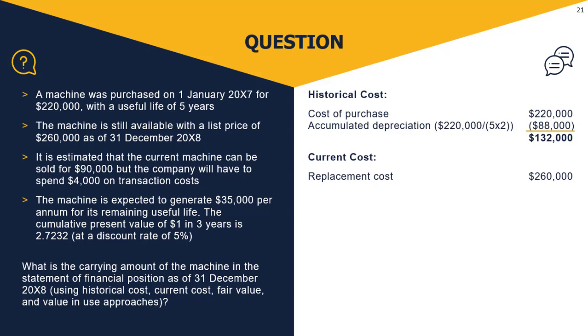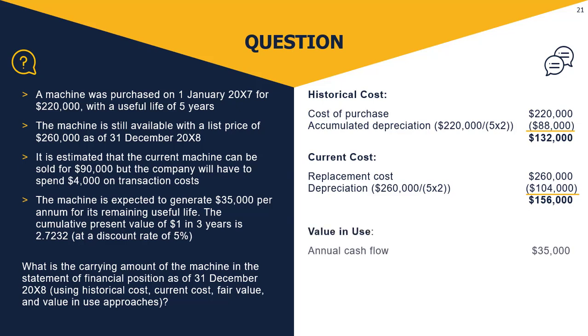That's how much it would cost you to replace this item. But that needs to be adjusted for depreciation, doesn't it? So again, we're still assuming a 5-year useful life, and we will be 2 years through the useful economic life. Therefore, 2 lots of depreciation, 2 lots of 52,000 give 104. Therefore, the current cost carrying amount or carrying value will be 156,000.